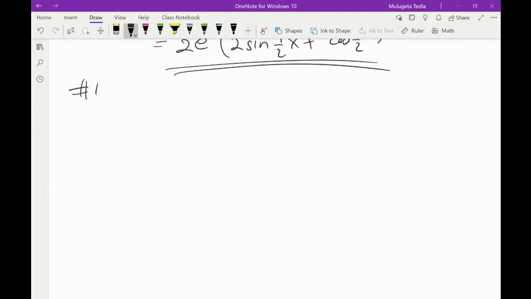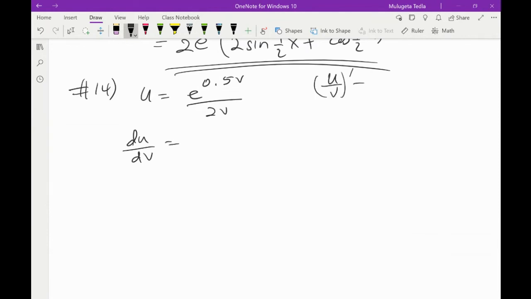So number 14, I got u equals e to the 0.5v over 2v. du by dv is equal to, this is the quotient rule, u over v prime is u prime v minus u v prime over v squared.